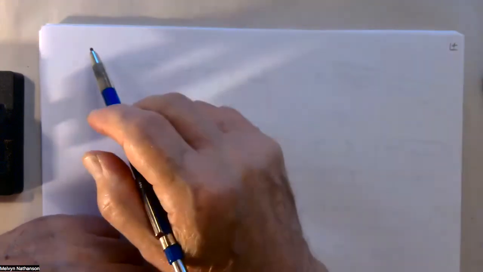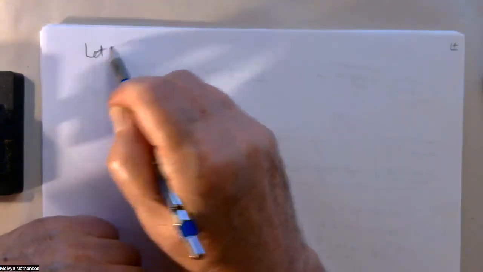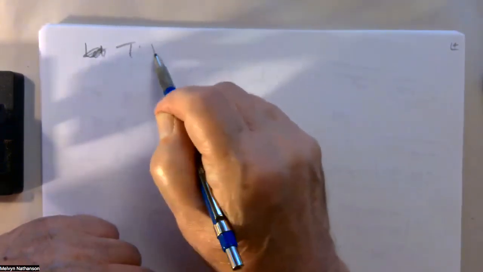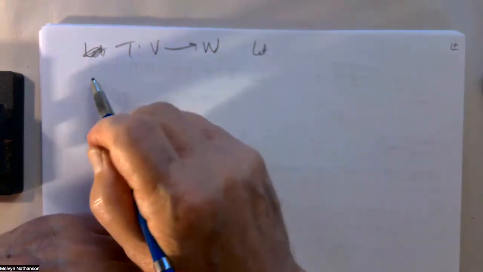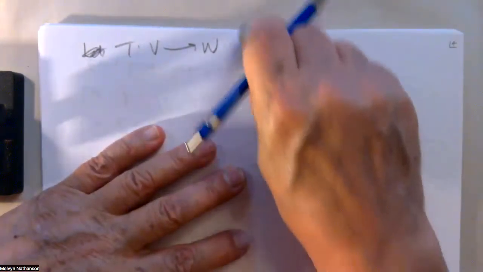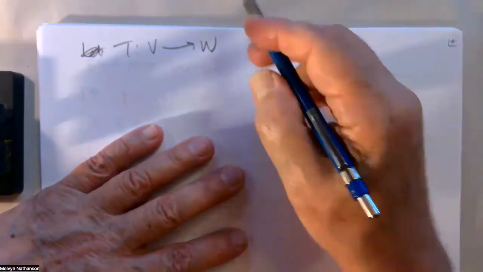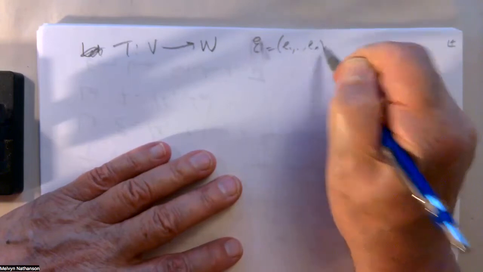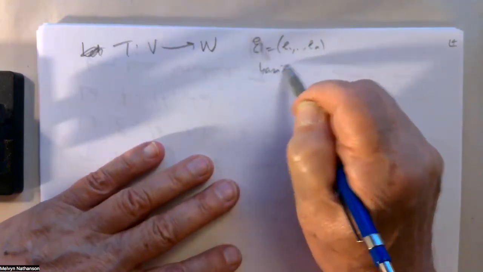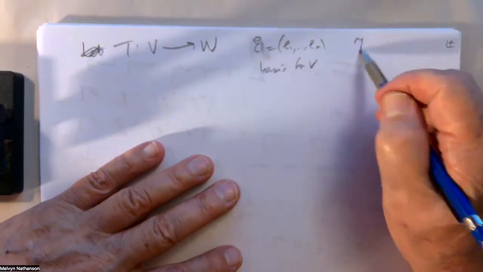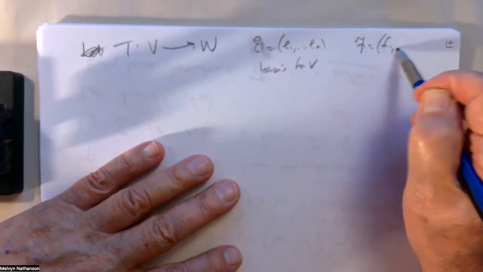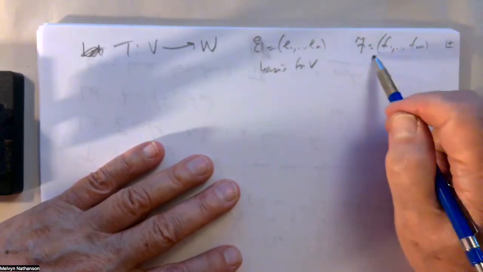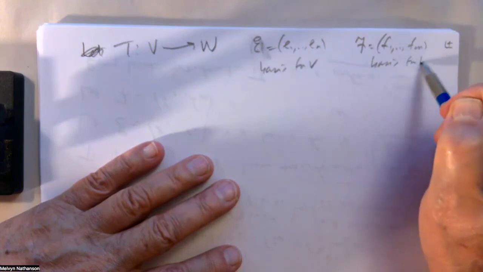So suppose, again, T is a linear transformation from V to W. And we have E, which is the sequence of vectors E1 up to En. This is a basis for V. And F, which is a sequence of vectors F1 up to Fm, is a basis for W.